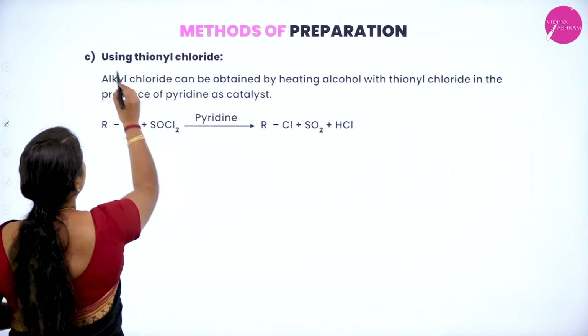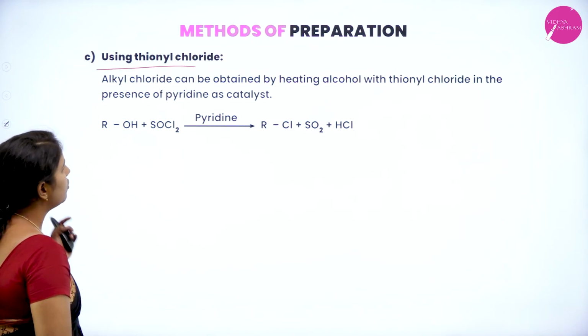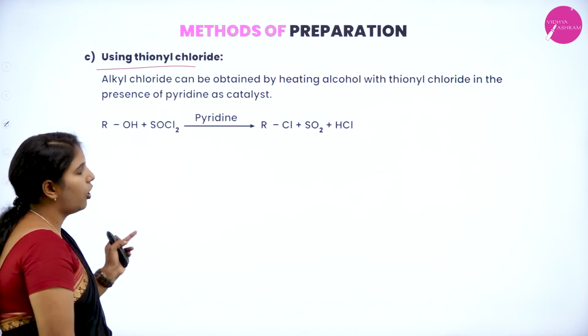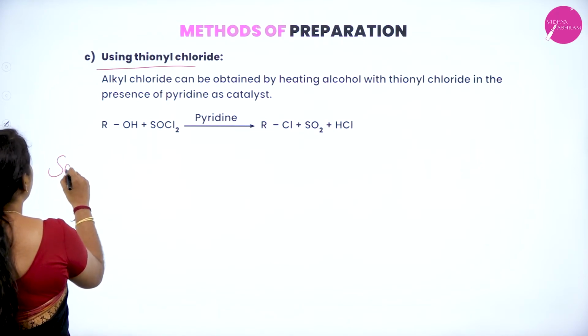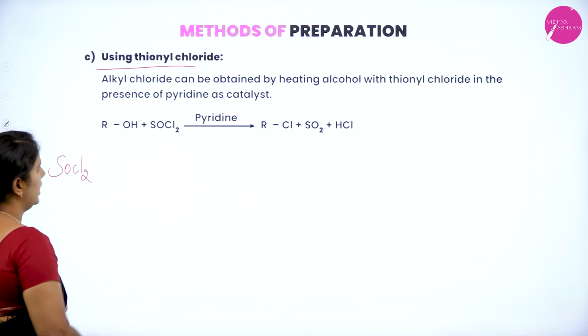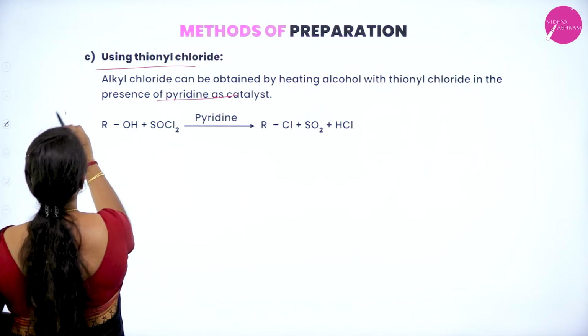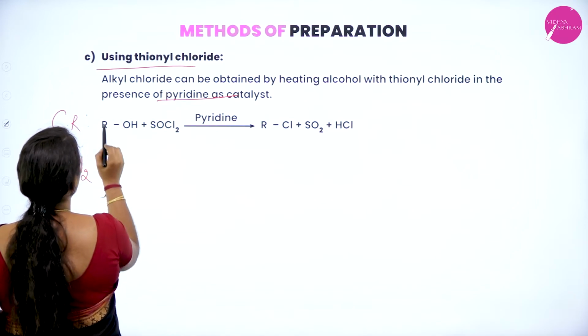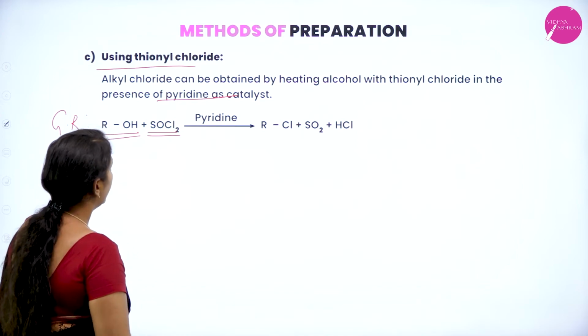Next we have by using thionyl chloride. Alkyl chlorides can also be obtained by heating the alcohols with thionyl chloride. Remember, thionyl chloride will be represented as SOCl2 in presence of pyridine as a catalyst. We'll see with the general reaction first. Okay. So this is the alcohol which is allowed to react with what?